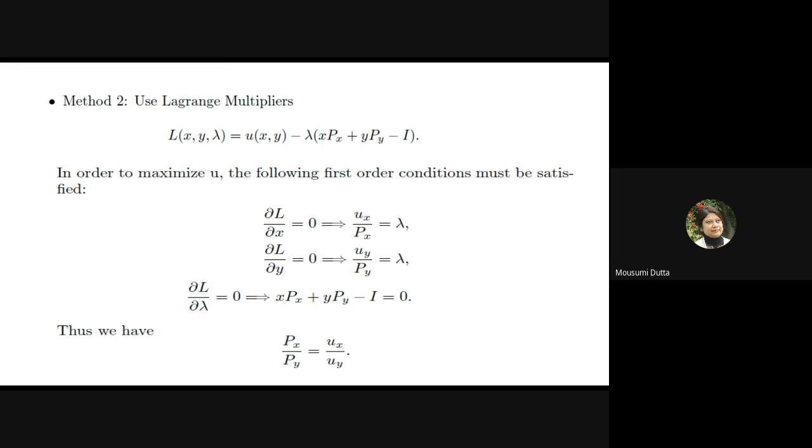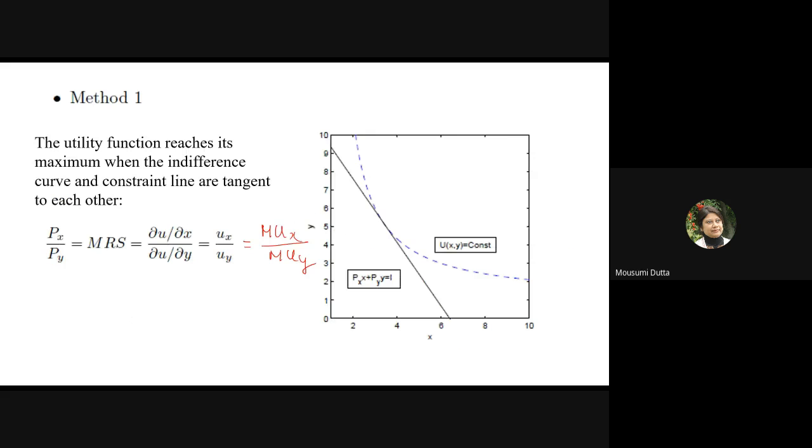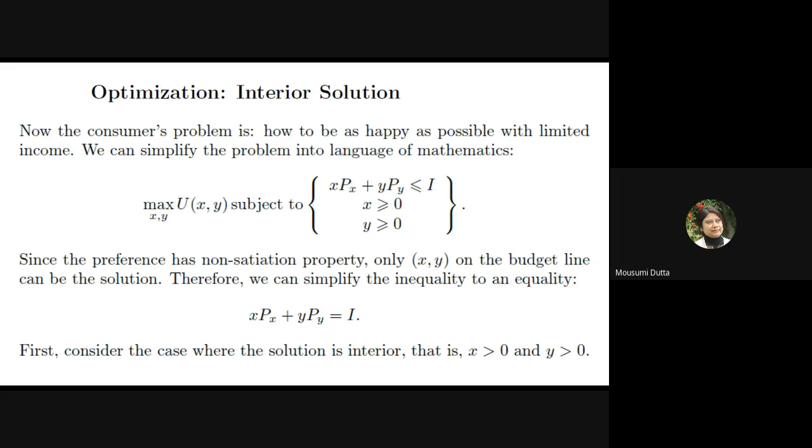Okay, this is one method which we call the constrained optimization method. Consumer's maximization is not a simple maximization. It is a constrained maximization: maximize U(x,y) subject to x Px plus y Py is equal to Y. So there is a subject to part which was not there in your analysis of optimization at plus 2 level.